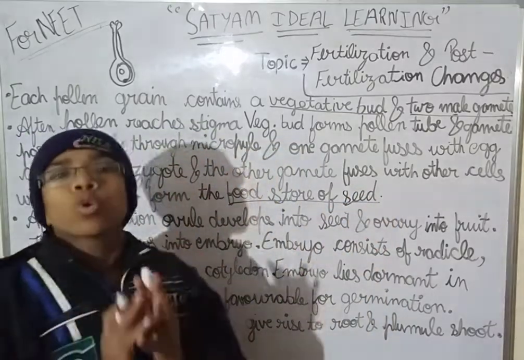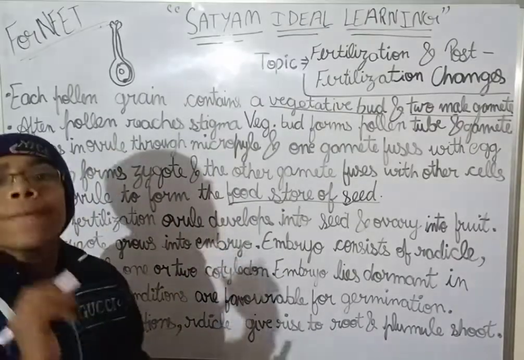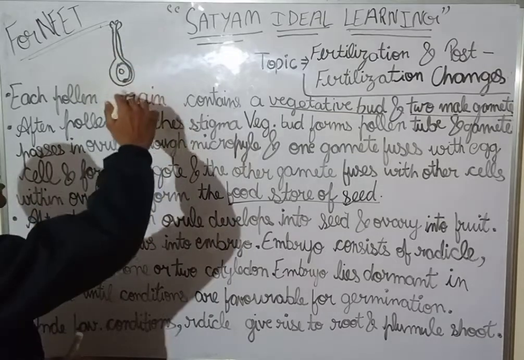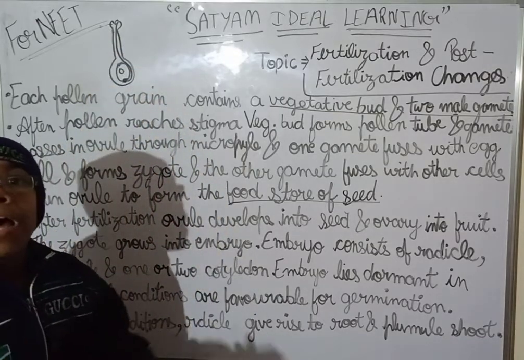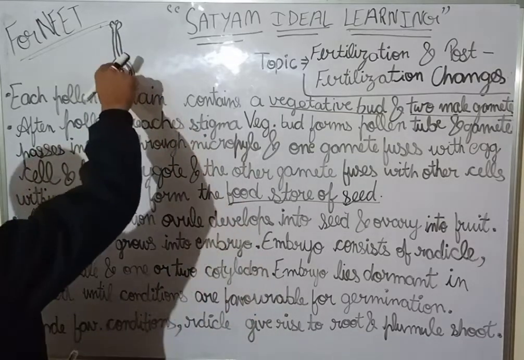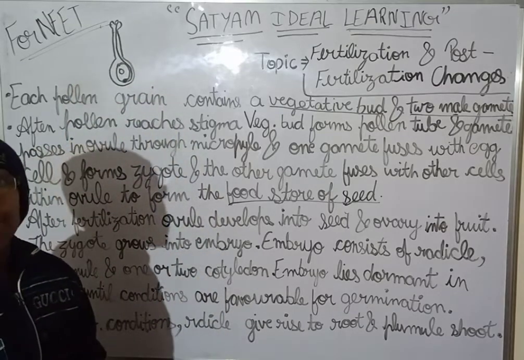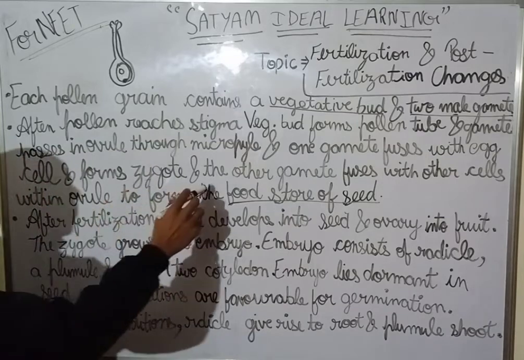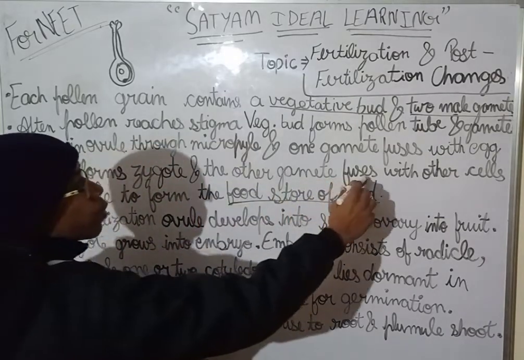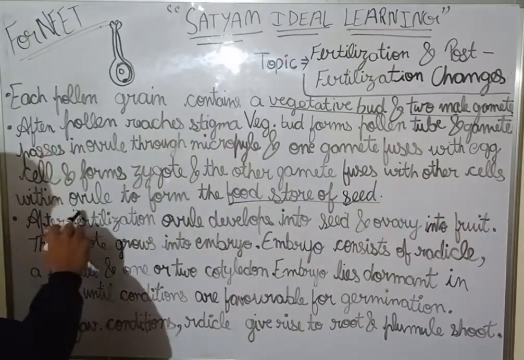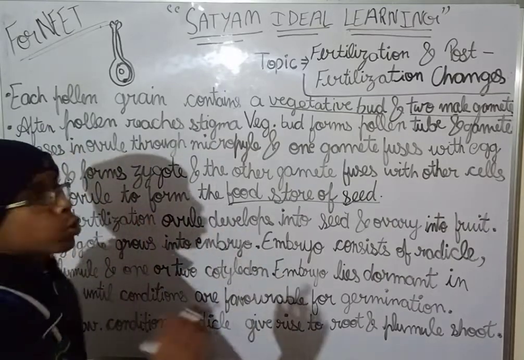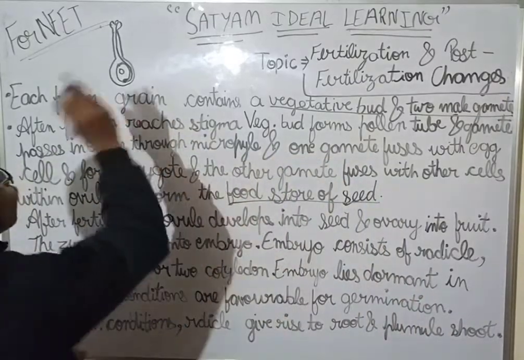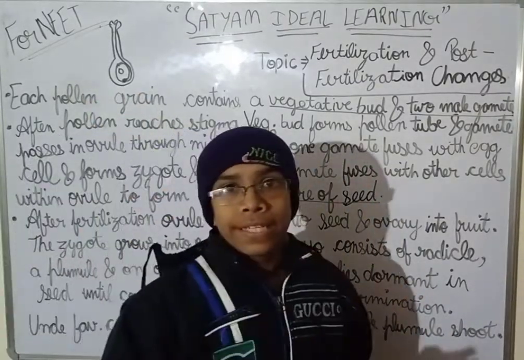To form the food store of the seed, the other male gamete which has come from the pollen tube fuses with the other cells within the ovule. This is because the seed needs food and the ovule will form the seed.